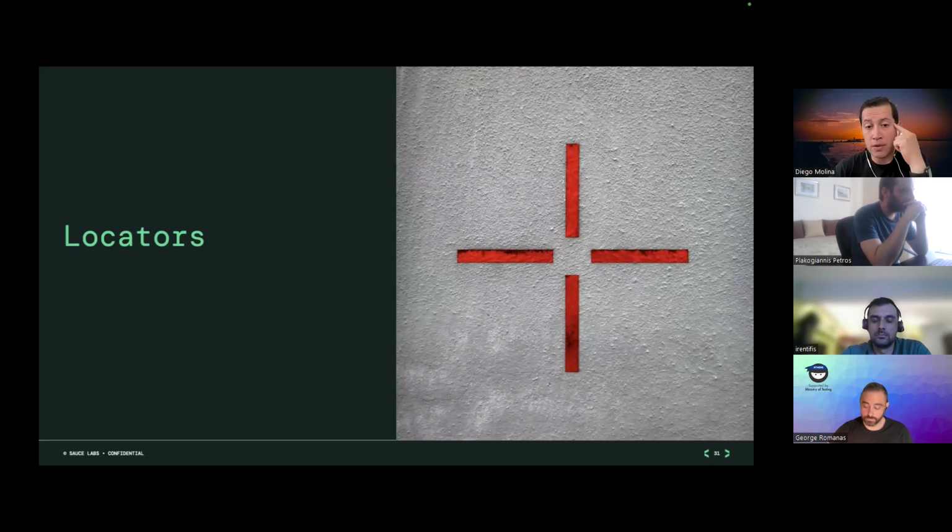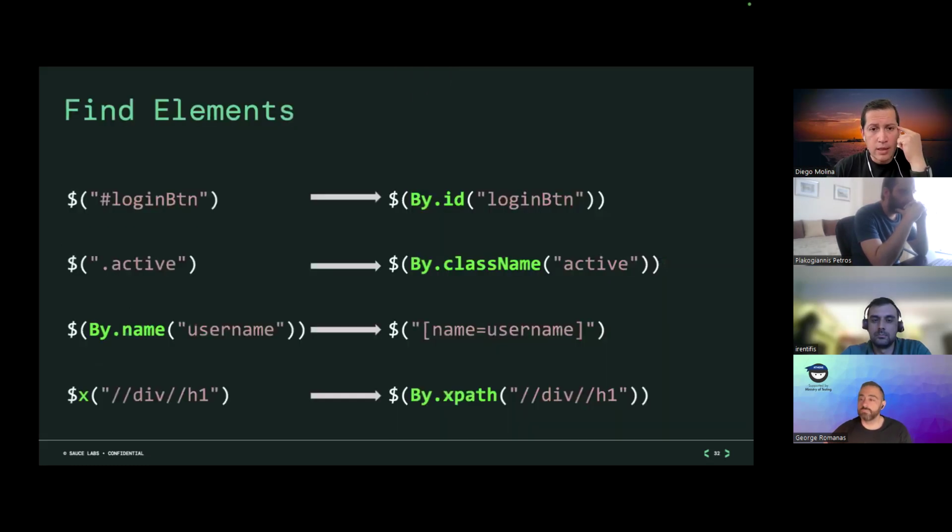So let's talk about locators. There are diverse ways to find elements in Selenium and therefore in Selenide. The easiest way is to always use something like the CSS locator.